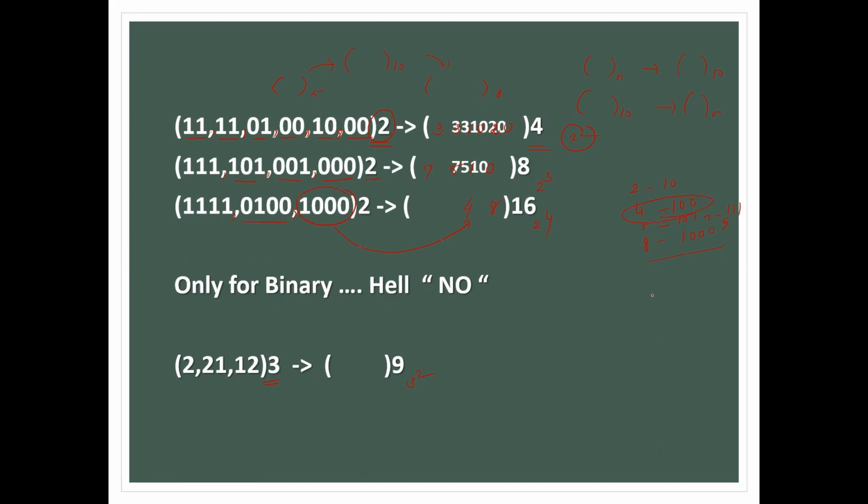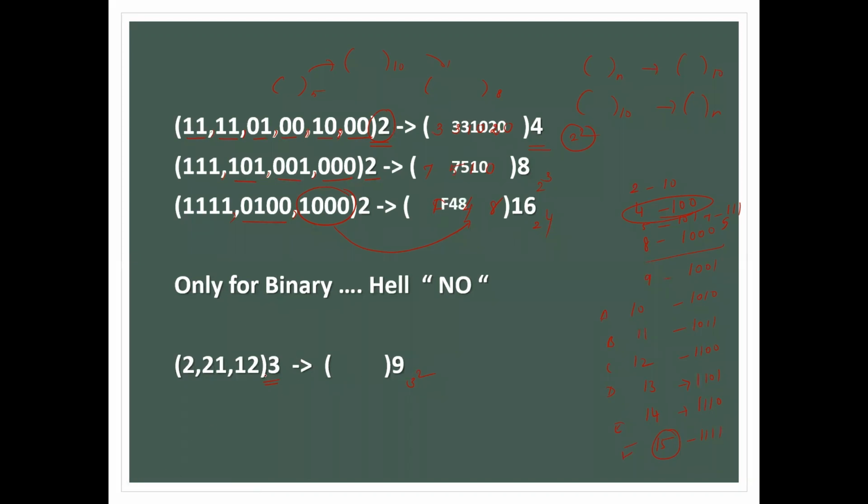And 1111 is 15. 9 is going to be 1001, 10 is going to be 1010, 11 will be 1011, 12 will be 1100, 13 here is going to be 1101, 14 here will be 1110, and 15 is going to be 1111. So 15 is going to be the last digit in the hexadecimal format. After 9, how do I put it? A, B, C, D, E, and F. So this is going to be F, 4, and 8 here.